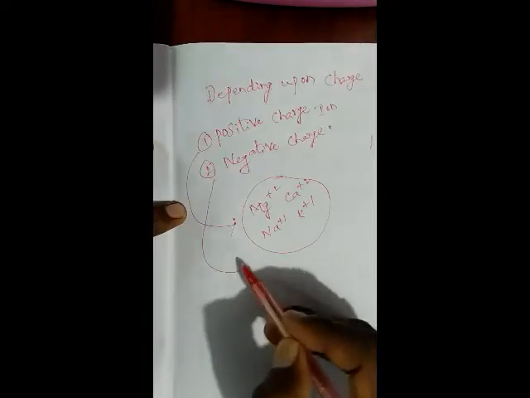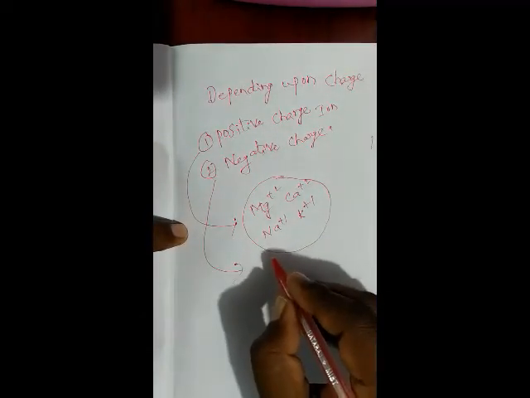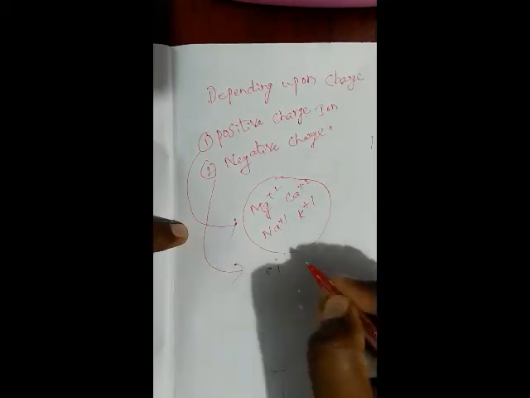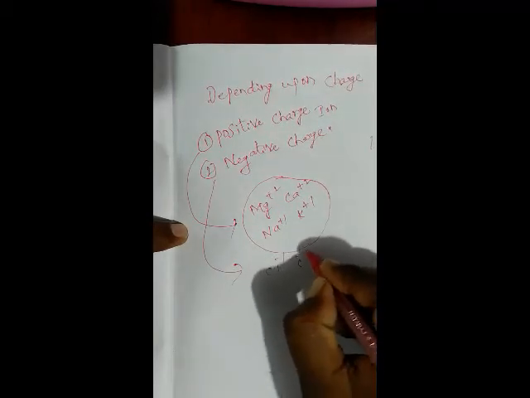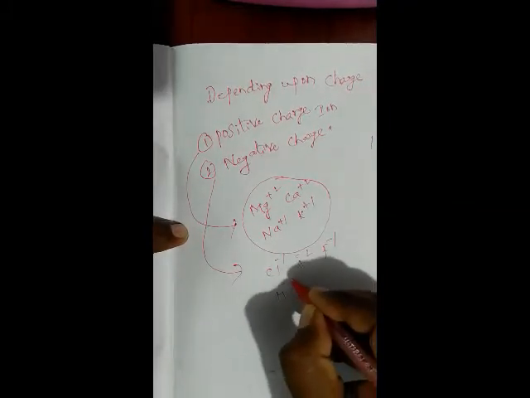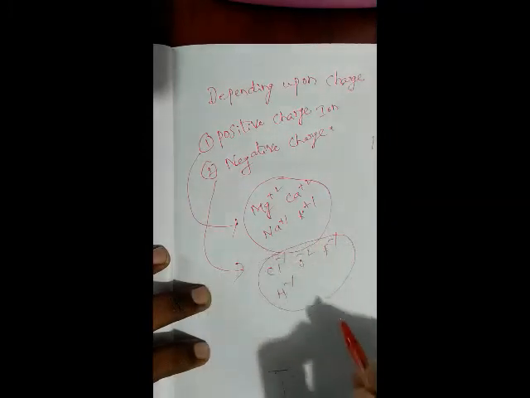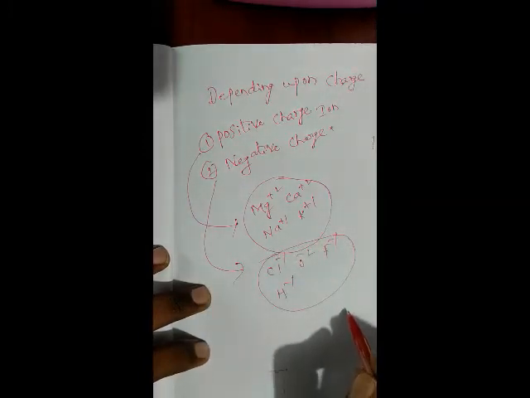And next, the negative charge radicals or negative charge ions are Cl minus 1, O minus 2, F minus 1, H minus 1. These are known as negative charge radicals or negative charge ions.